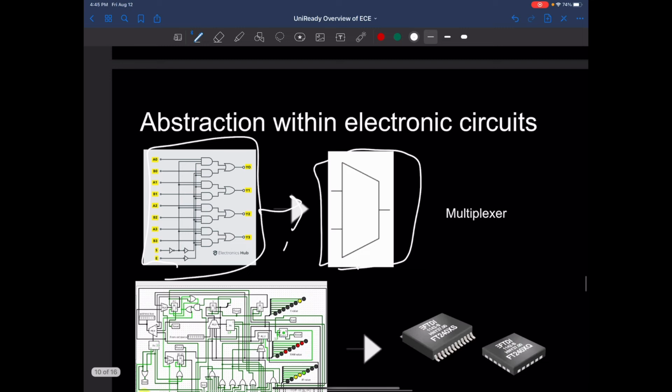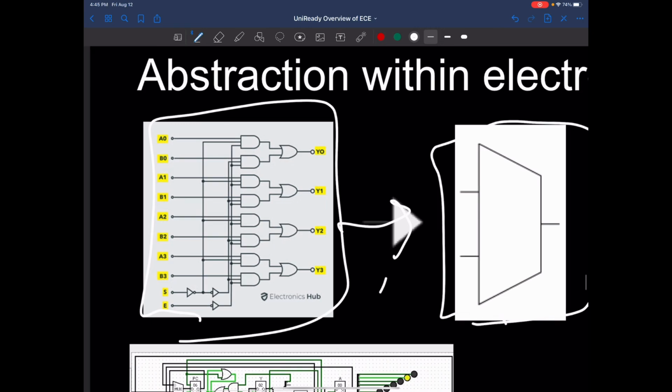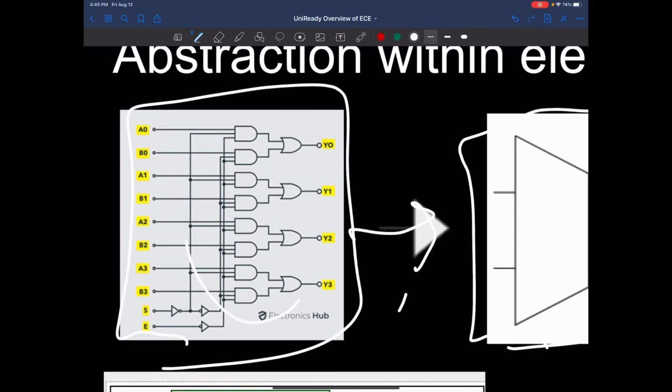This is called a multiplexer. If you want to know what it does, you can just Google it. It's not very complicated, and you can probably think about how you can construct this multiplexer using the sum of products representation that I talked about. In fact, it actually does exactly that. If you look at this, right, this is just AND gates, and you have OR gates.